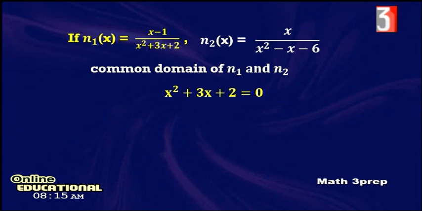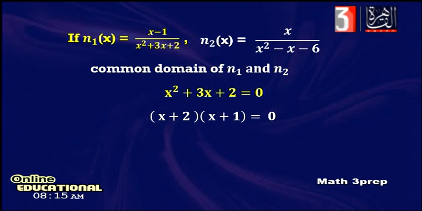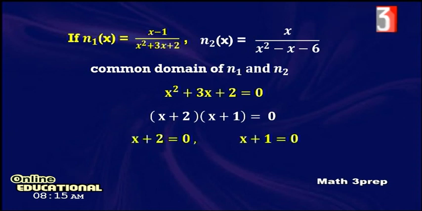So the two brackets will be (x plus 2)(x plus 1) equals 0. Two brackets multiplied by each other equals 0, so either x plus 2 equals 0 or x plus 1 equals 0. Now can you find the values of x? Of course, yes. x equals negative 2 or x equals negative 1.